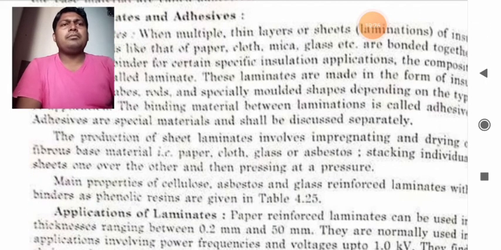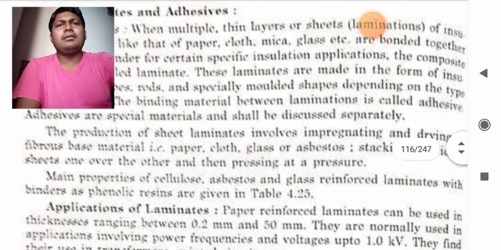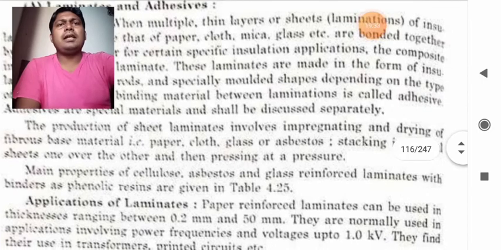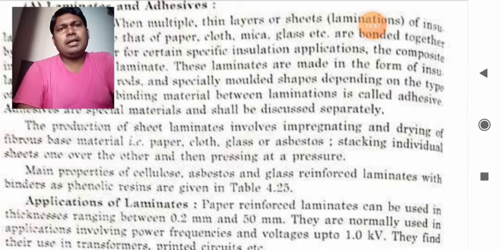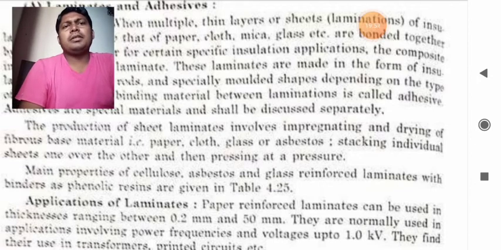The production of laminates involves impregnating and drying of fibrous base material, that is paper, cloth, glass, or asbestos, stacking individual sheets one over the other and then pressing at a pressure. So, stacking the individual sheets one over another and then applying pressure is the process of producing these laminates.